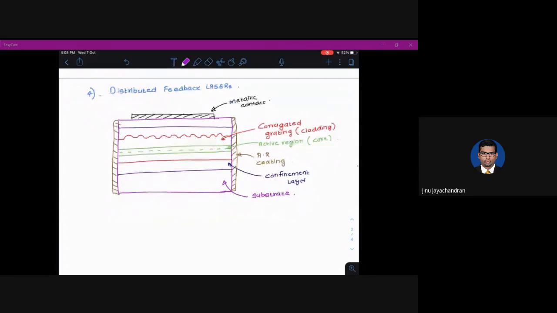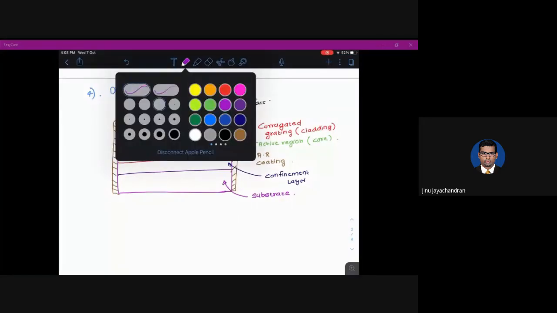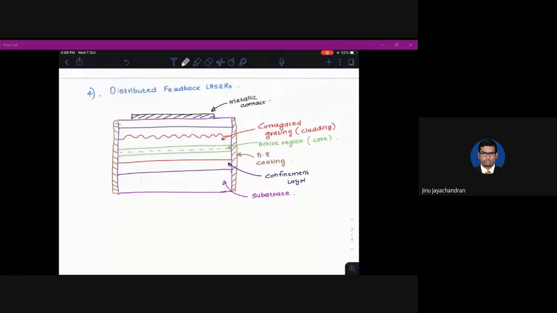Fine. Now, what should be the type of different materials in each of them? The substrate will be gallium arsenide. The confinement layer will be N-type gallium aluminum arsenide.